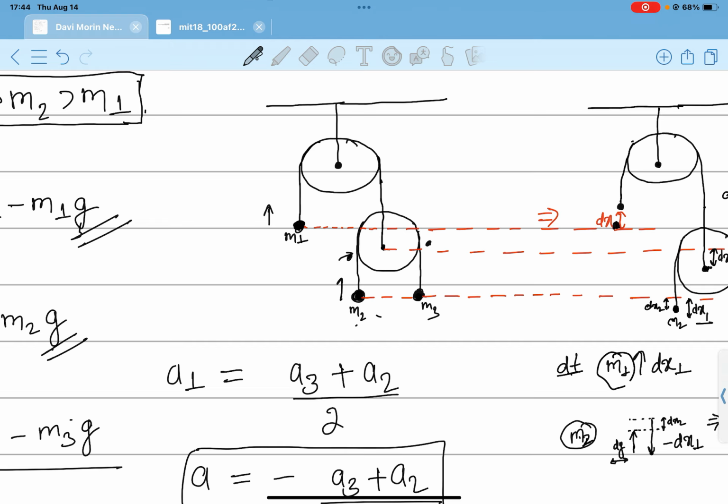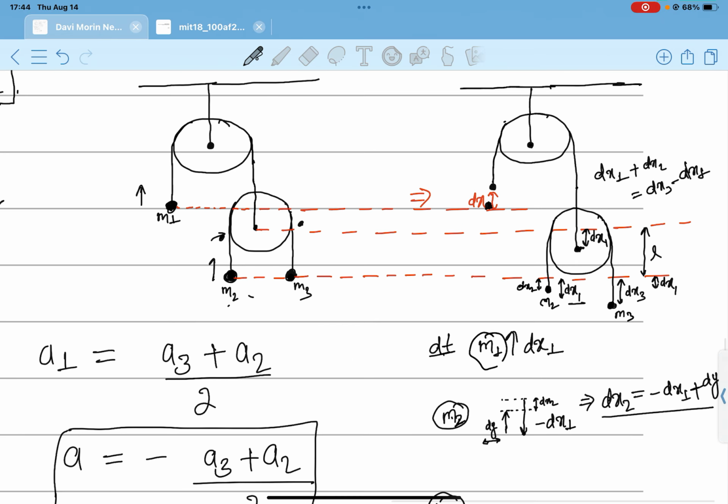But if we think of the scenario when the whole pulley is not moving, then the distance m2 moves upward, m3 will move the same distance downward. So actually it is the conservation of the length of the string.